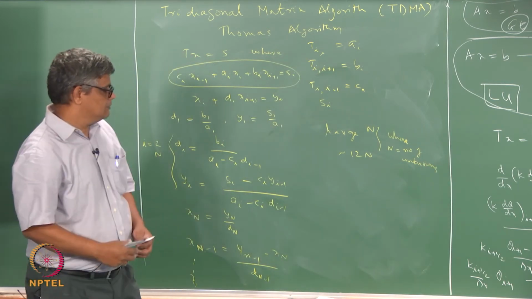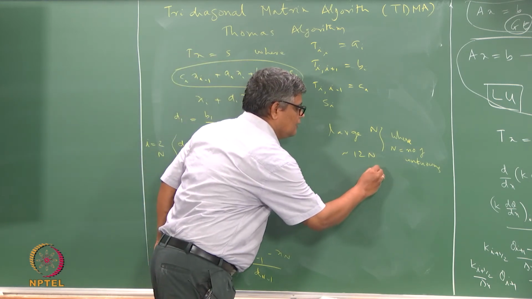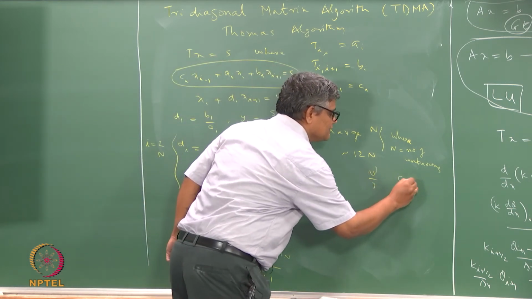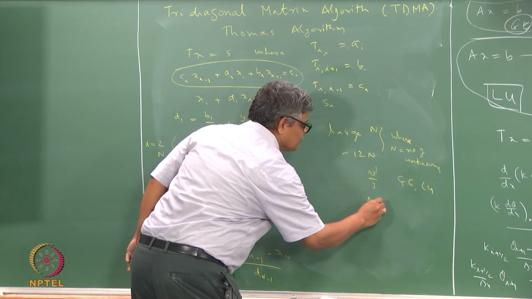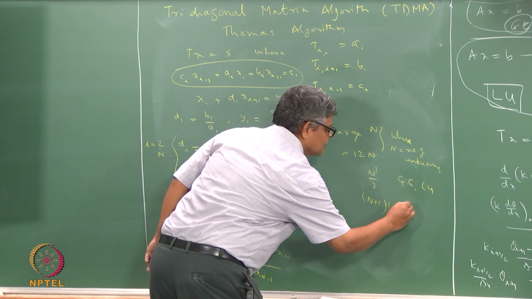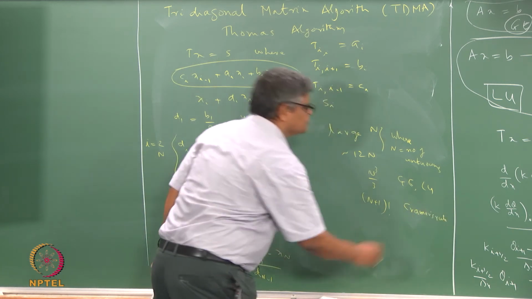Okay. So, this is very small compared to the n cubed by 3 which is required for Gaussian elimination and the LU method, and n plus 1 factorial for Cramer's rule.